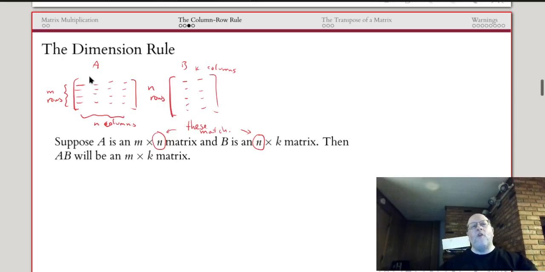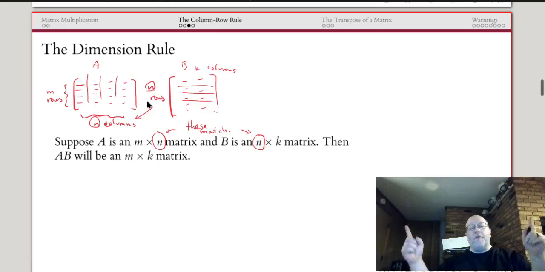But the column row rule says that we split A up into each of the columns and we split B up into each of the rows. These numbers have to match, so I have the same number of columns and rows to match up with each other. And that's why the two middle numbers have to match. But then when we're done, we will have had M rows in A and K columns in B, and the answer will be an M by K matrix.